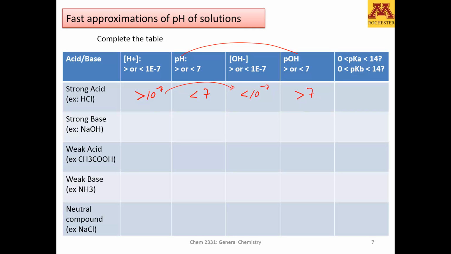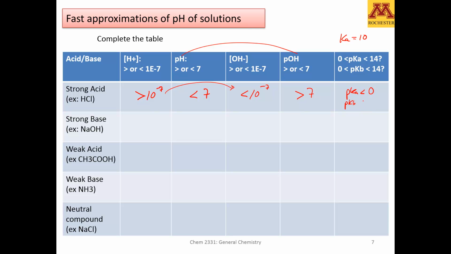All right, and the pKa, if a strong acid has a Ka again around 10, it means that probably your pKa is smaller than 0. Okay, and because they have to add up to 14, this has to be the pKb, and you can barely read pKb.